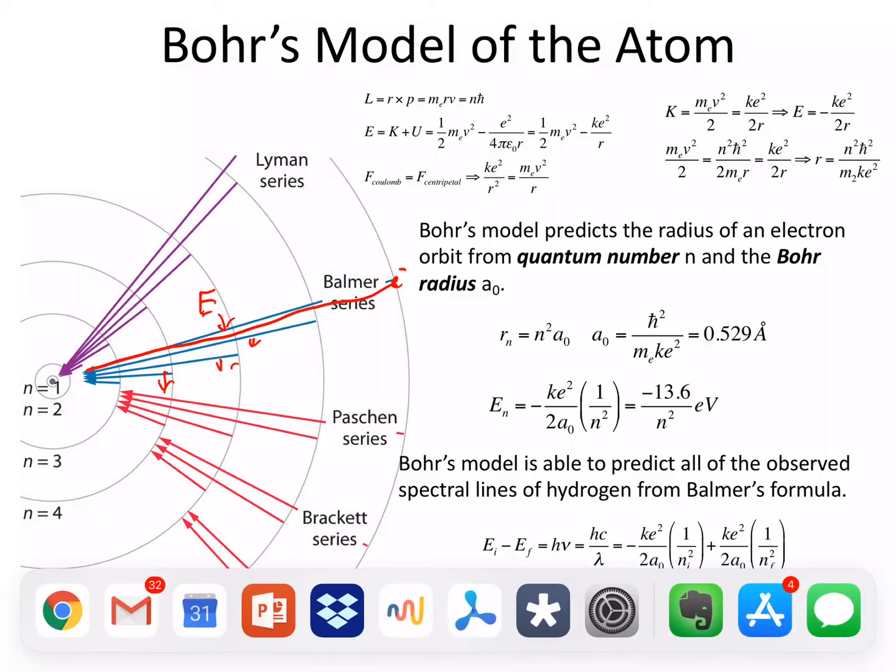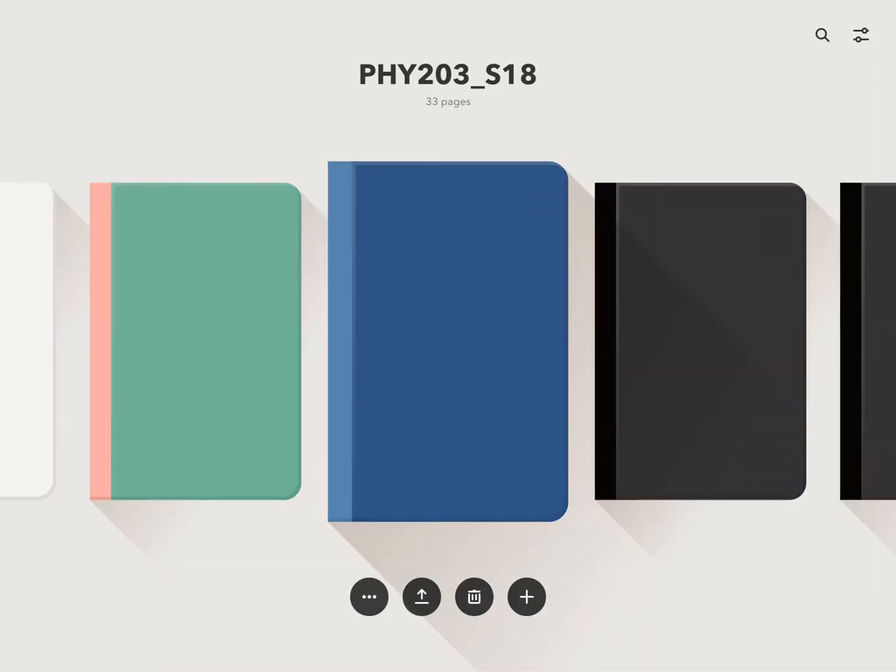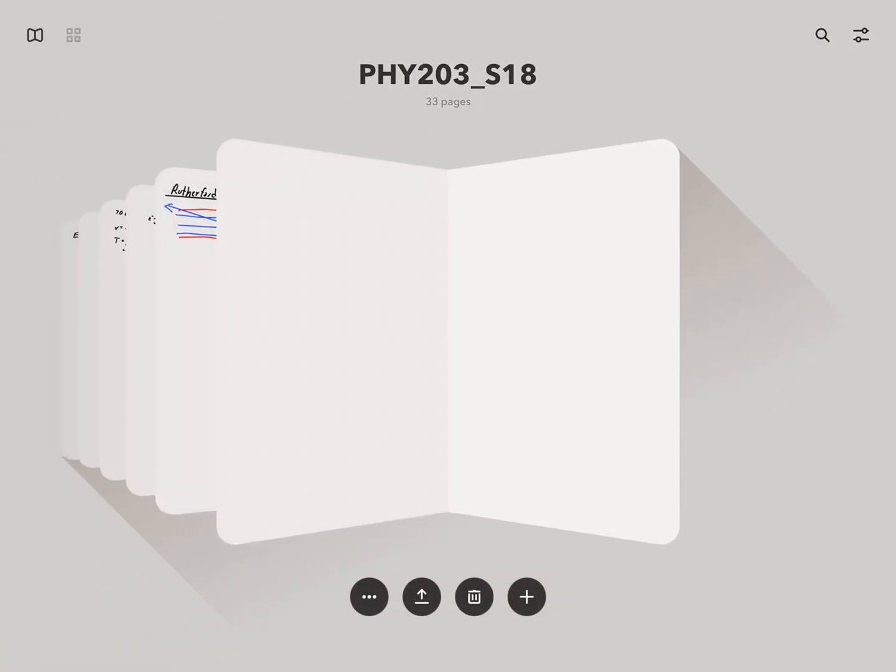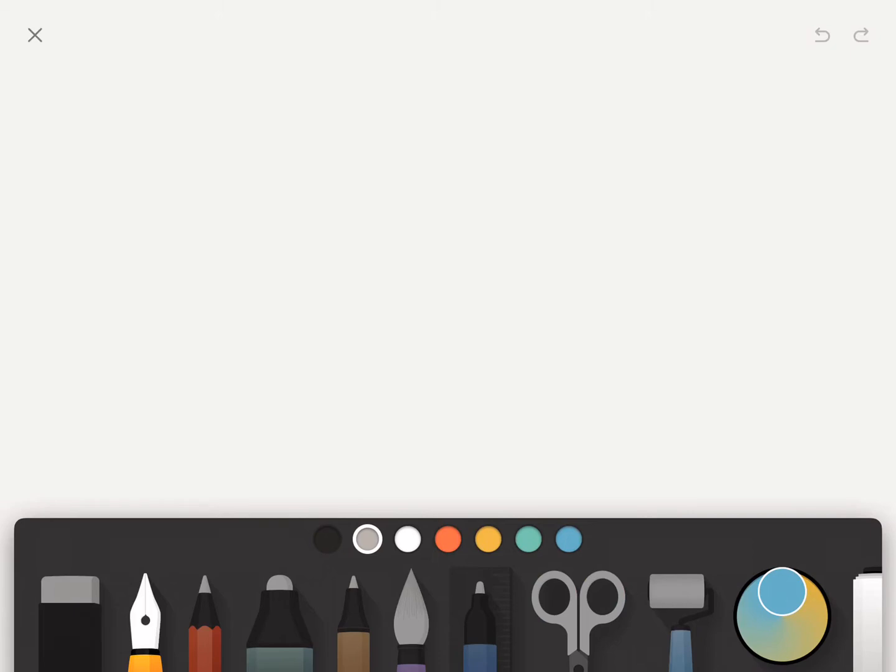And what you'll see as we work through all of this is something really exciting. Based on those four postulates that Bohr made, he was able to show that the Balmer formula arises as a consequence of these four postulates.